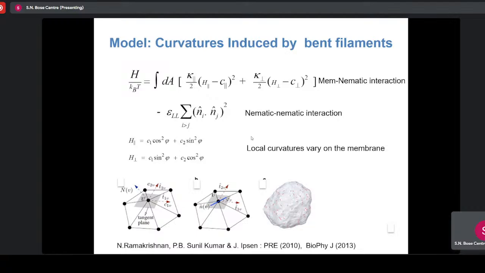But actually what I will show you is that it is a story about this term, which was completely not thought important in the early publications of Sunil Kumar's group. And this term is a nematic-nematic interaction. What it tries to do is just to make the rods parallel to each other, which it would anyway do whether there was membrane or not.